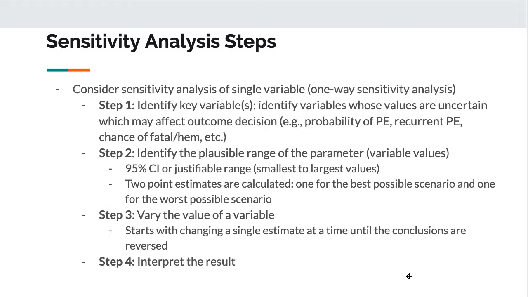So our decision is likely going to be the same if we slightly change the estimated values. Right, so we're going to see all these steps in our example in the next few slides.